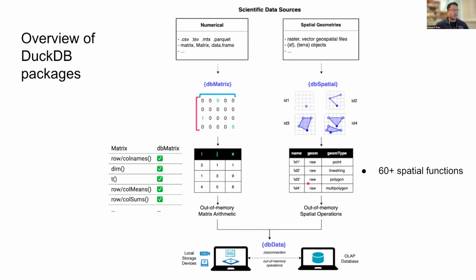Here's just an overview of the three packages that I just mentioned. The big idea is that we categorize the different data types into separate packages. In this case, DB Matrix is meant to handle a variety of numerical input data, like CSVs, TSVs, matrix files, which have been mentioned previously in the Visium and Visium HD tutorial, as well as Parquet files.